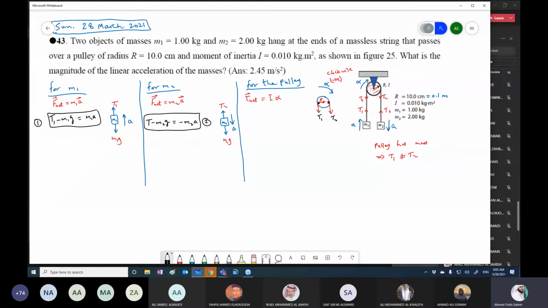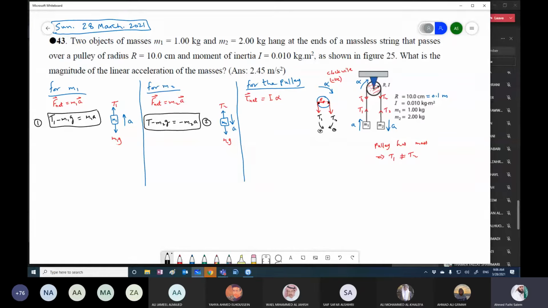One of them is trying to rotate the wheel counterclockwise, and this one is trying to rotate the wheel clockwise. So one of them will be positive, the other will be negative. Which is which? Counterclockwise is positive. So T1 will be positive, while T2 will be negative, because this is clockwise and that is counterclockwise.